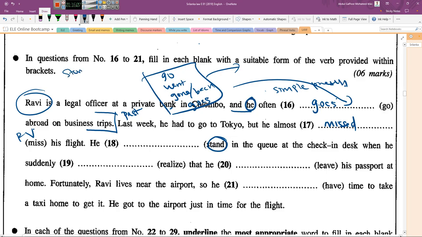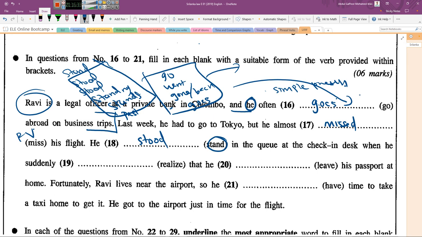So we have to know the 5 forms, right? Stand, stood, standing, stands, right? So these are the 5 forms of the verb stand. Okay, so he stood in the queue at the check-in desk when he suddenly realized, right?